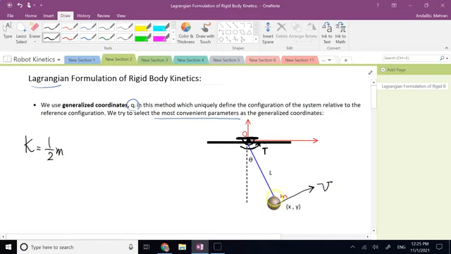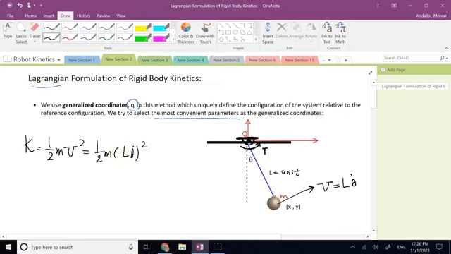And since this bob is rotating about point O on a constant radius of L, then definitely it is a circular motion, and in a circular motion about a fixed point, V, as you know, is equal to the radial distance, which in this case is L, times omega, and omega means theta dot. So the magnitude of V is L times theta dot. So when we say 1/2 mv squared, it's 1/2 m times L theta dot, the whole thing squared.